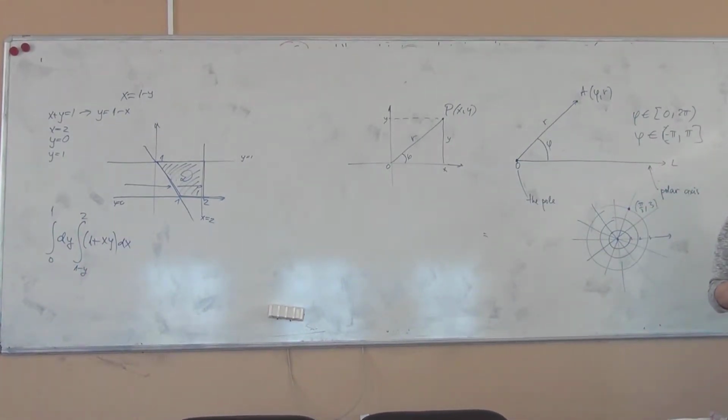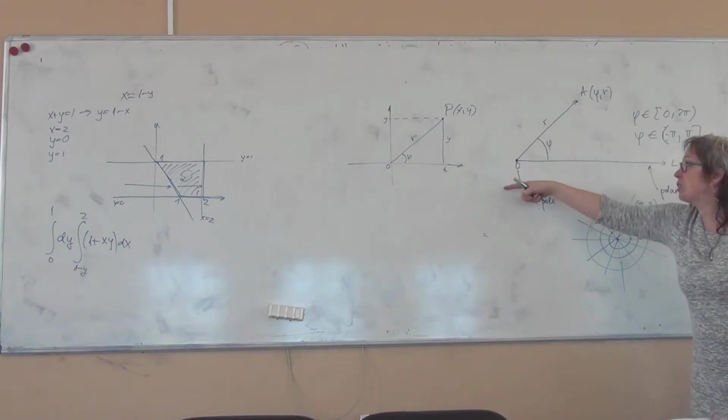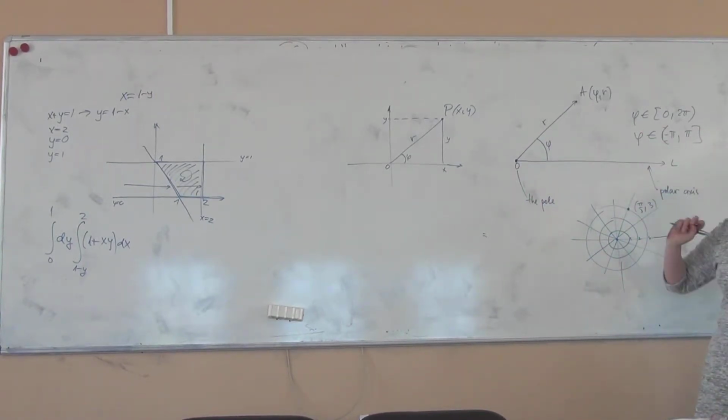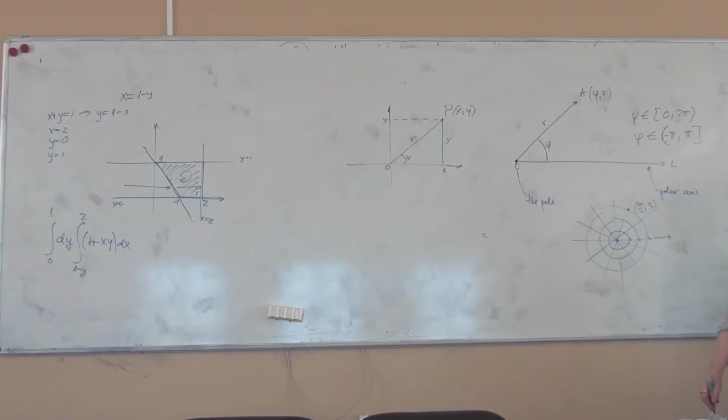Do we say that phi can be limited from 0 to 2 pi, or do we only allow the angle phi to be anything at all? If I allow phi to go outside this interval, it means I'm allowing it to circle the pole more than once. And that's actually useful for drawing spirals, for instance, and other curves which take circling the pole more than once.